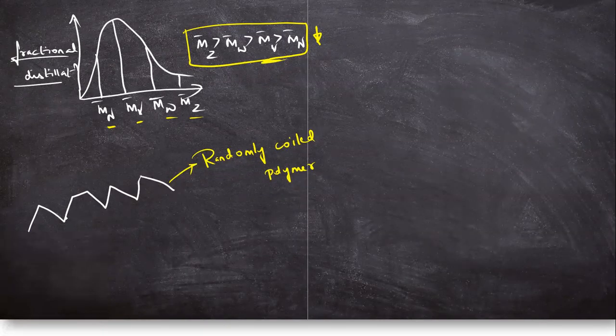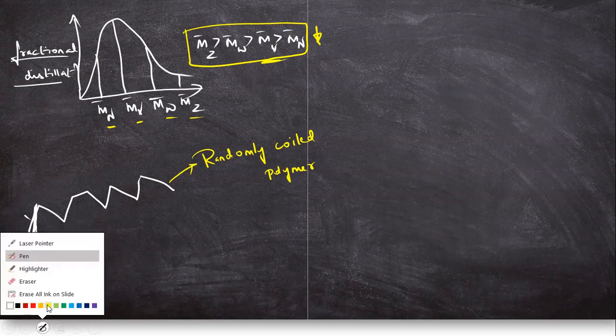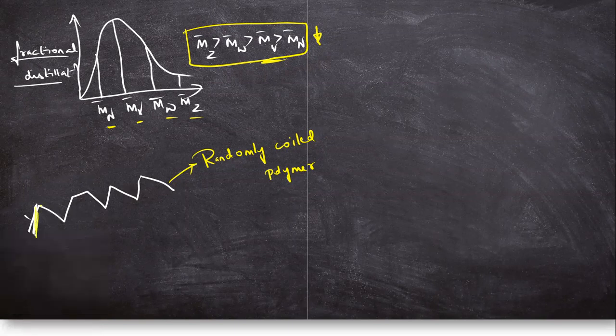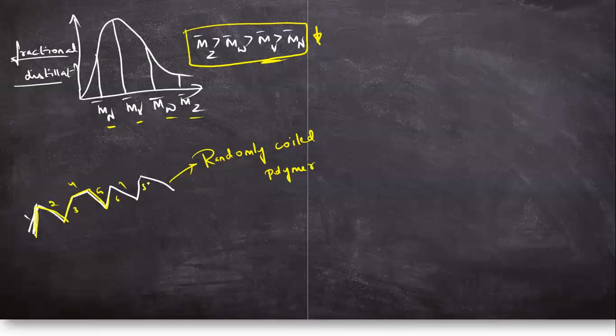So these are monomer units. What I'm telling is this whole is one monomer unit. This is another monomer unit. This is another monomer unit. You are getting it, right? So totally 1, 2, 3, 4, 5, 6, 7, 8, 9.